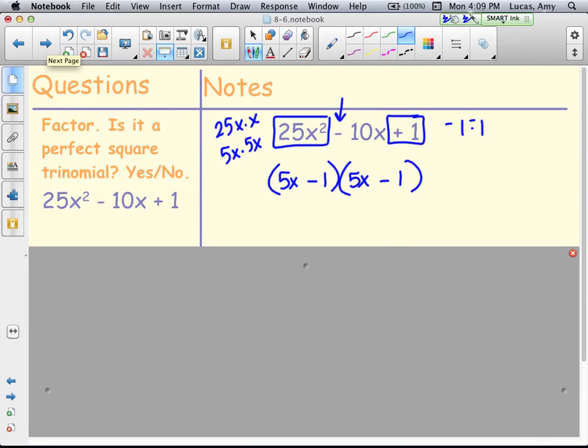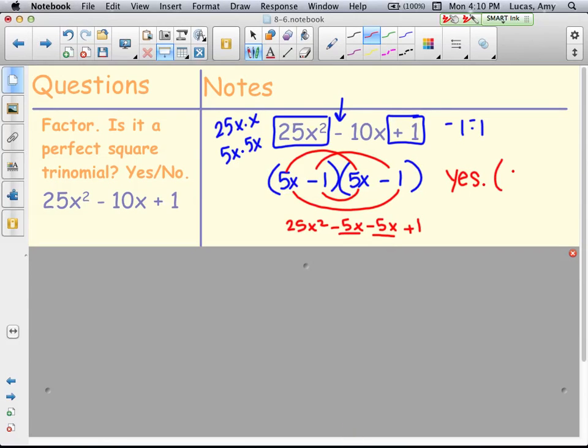So let's see if this is a perfect square. 25x squared minus 5x minus another 5x plus 1. Putting these two together gives me negative 10x. So yes, this is a perfect square trinomial. It's (5x minus 1) squared.